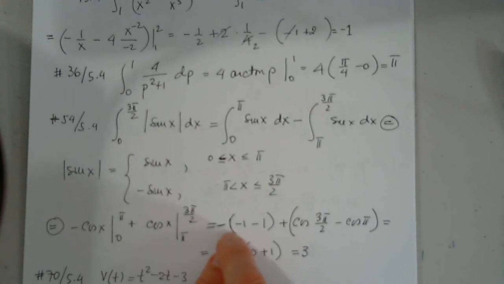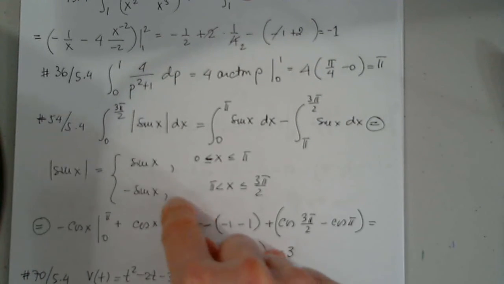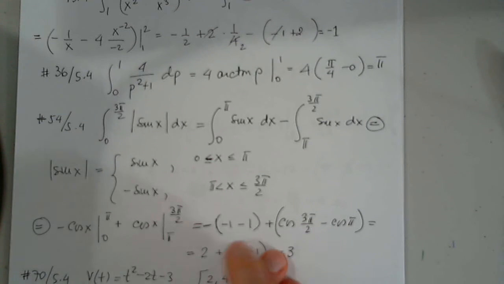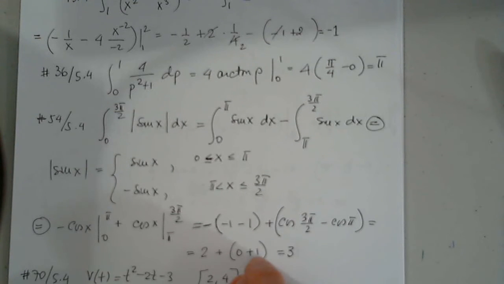I have the negative outside, I plug in pi and I get negative 1, minus when I plug in 0, and that's 1, so minus 1. And then plus when I plug in 3 pi over 2, and then minus when I plug in pi. So this is negative 2 with minus in front, this is 0, and this is negative 1 with minus in front, which is 1. So 2 plus 1 is 3.